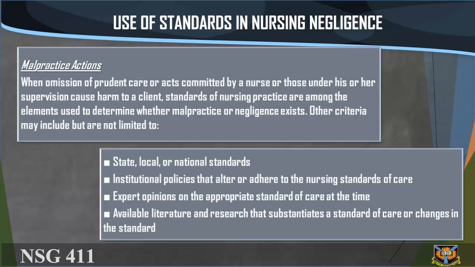Other criteria may include, but are not limited to, state, local, or national standards, institutional policies that alter or adhere to the nursing standards of care, expert opinions on the appropriate standard of care at the time, and available literature and research that substantiates a standard of care or changes in the standard.